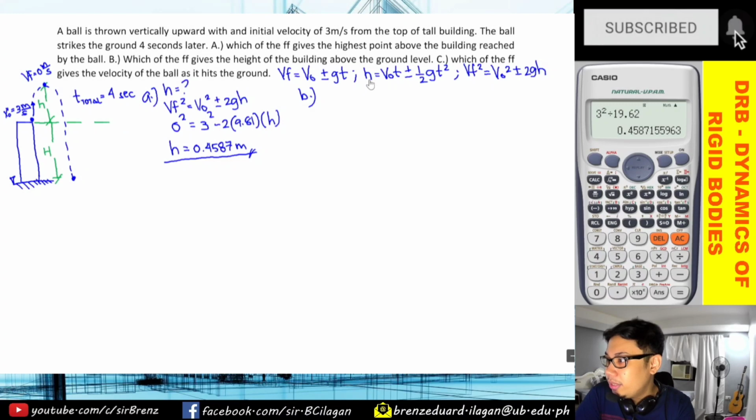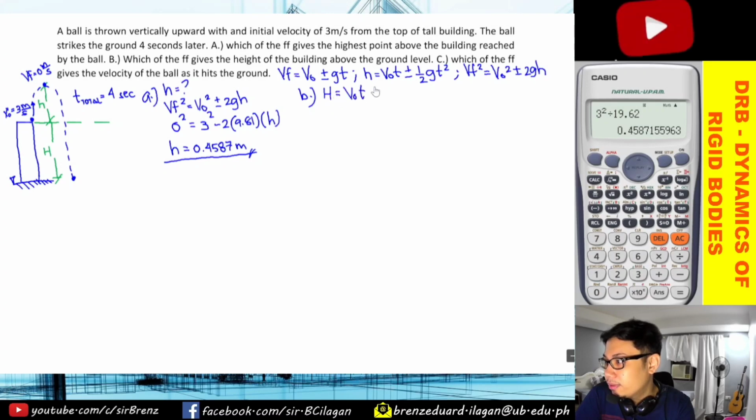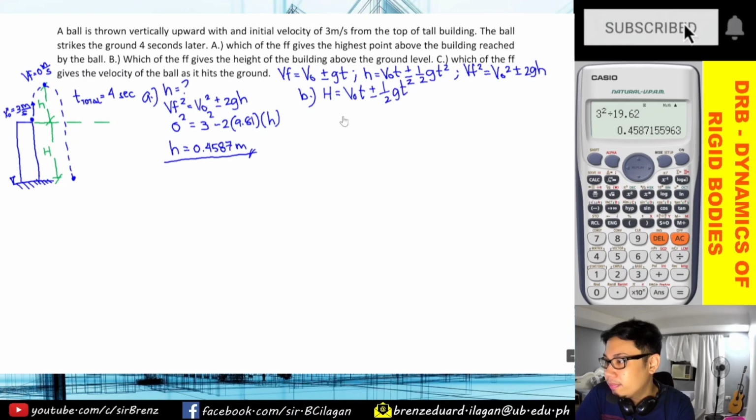Okay, so ang gawin na lang natin is itong formula, yung second formula, kung saan capital letter H na yan is equals to Vot plus minus 1/2 of gt squared. Okay, so again, magbe-base tayo sa initial velocity.